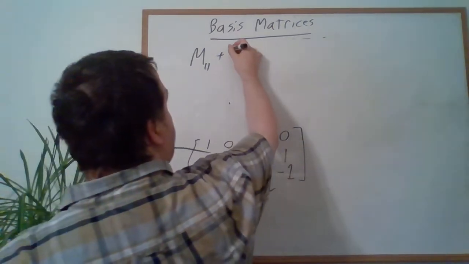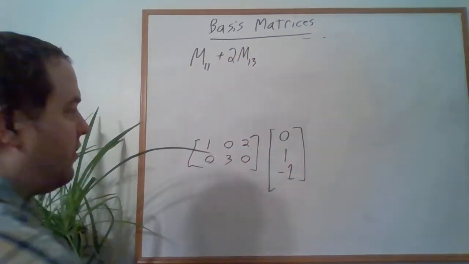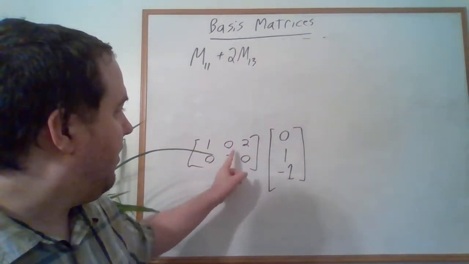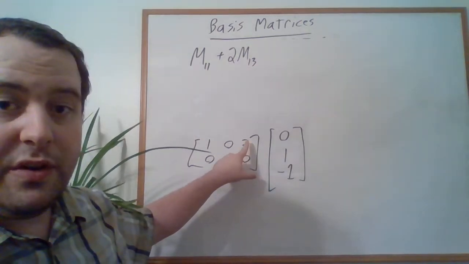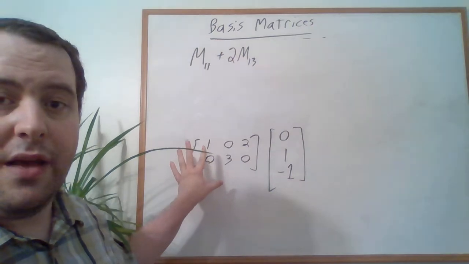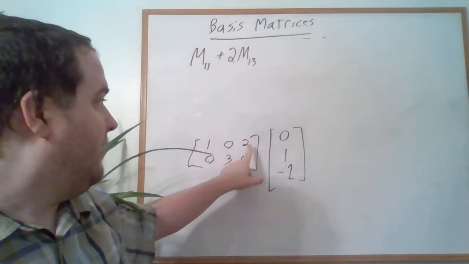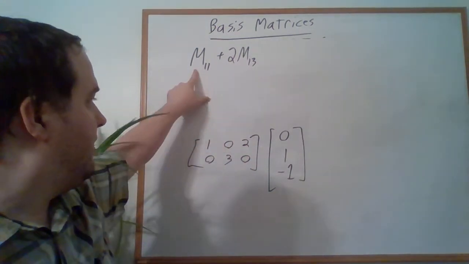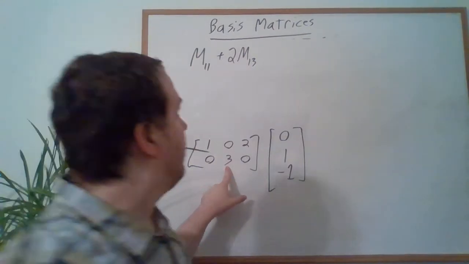And then we need to add in 2 times M13. M13 is going to be all zeros here except for a 1 here. And then we multiply by 2 to get a 2 here and zeros everywhere else. And then we add it to everything else to change this entry. And then we'll have something corresponding to this entry.